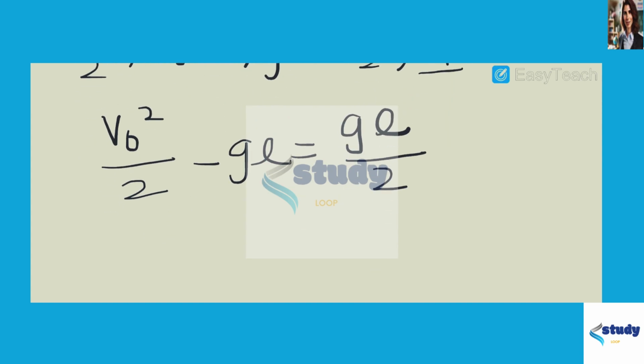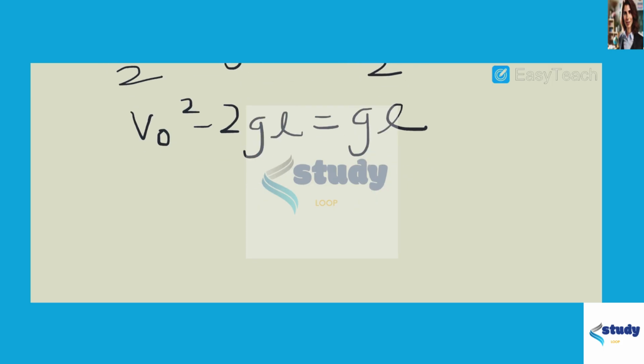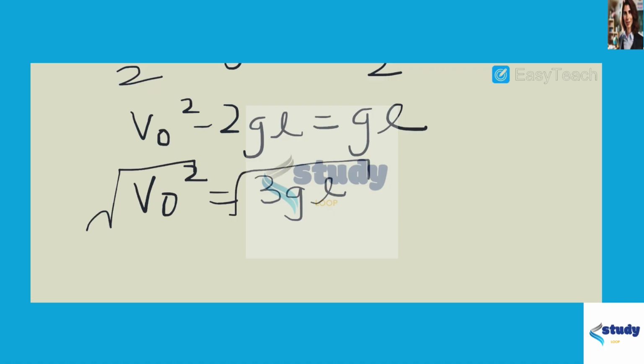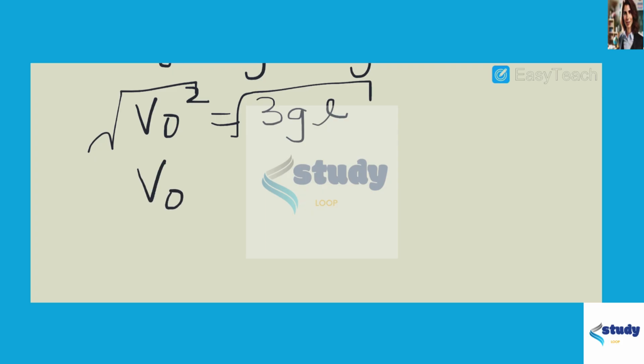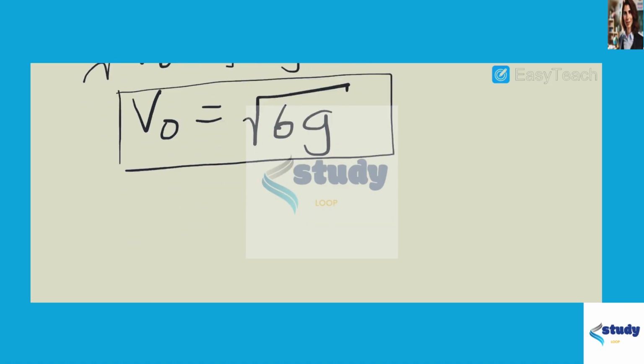Now we can solve for v0 because we have quantities that we all know, the g and the L. Simplifying further, we get v0 squared minus 2gL is equal to gL, and this gives us that v0 squared is equal to 3gL. Taking the square root of both sides gives us that v0 is equal to root 3gL. That is the smallest velocity that must be given for the mass to make it all the way up to point B if AO is a rope.